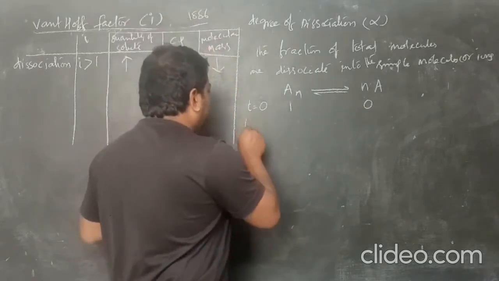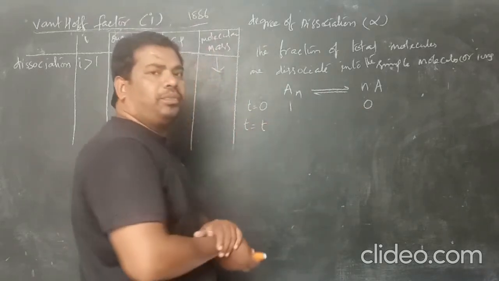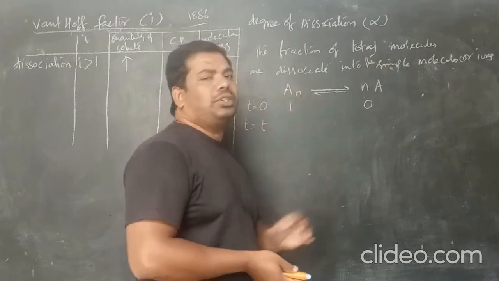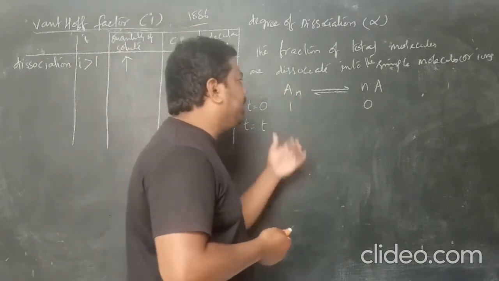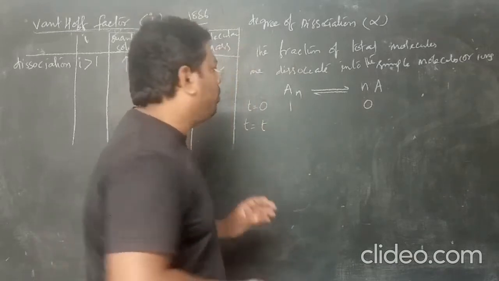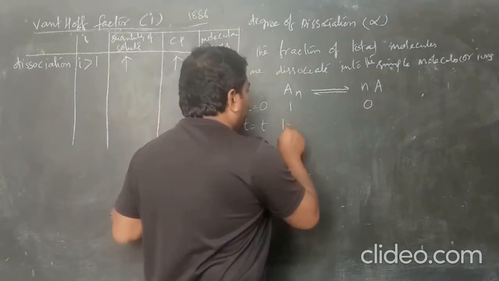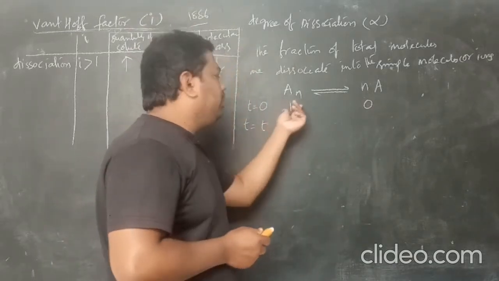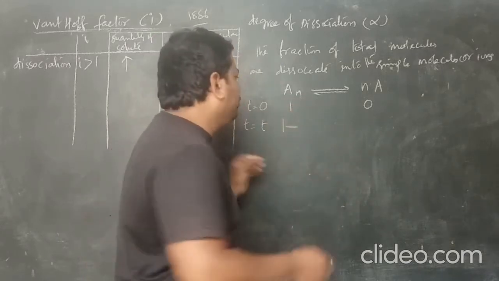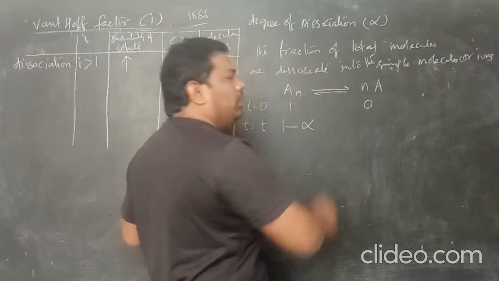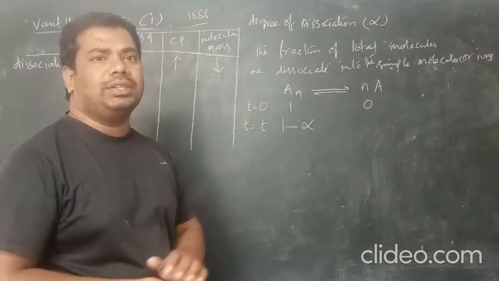So at time t, the change in concentration means a decrease in the concentration of reactant and an increase in the concentration of product. Here the initial concentration is 1, and the decrease, in terms of the degree of dissociation, is alpha.